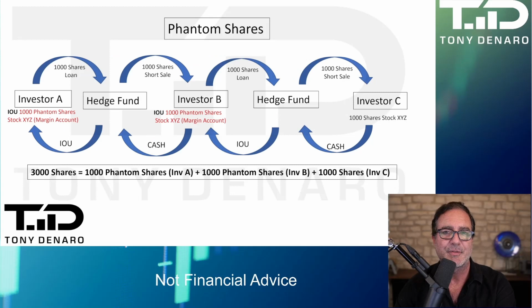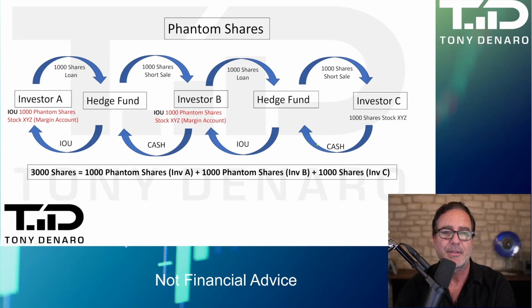The second hedge fund can also short sell those 1,000 shares. Let's say they put them on the market on a short sale. They were bought by investor C, and the hedge fund receives cash. Investor C has the 1,000 shares. Again, investor A and B both have IOUs. We still have 3,000 shares of stock.